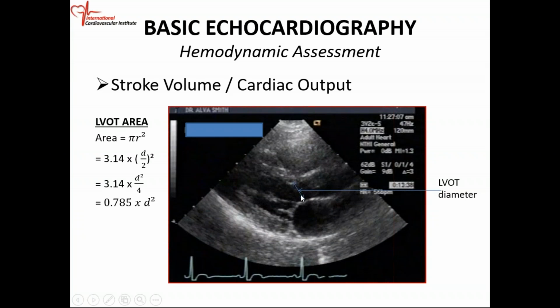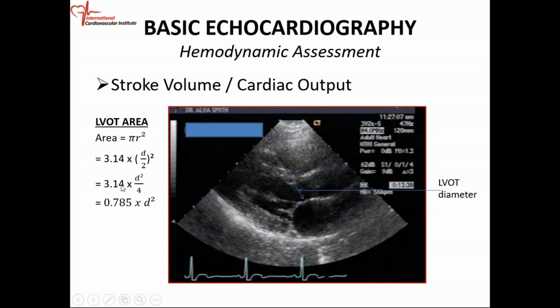Remember that the area for a circle is pi r squared. So if we assume that this left ventricular flow tract is circular and we have the diameter, then we can calculate the area. So let's simplify it a little bit. Pi is 3.14. R, which is the radius, is diameter divided by 2, and we square it.